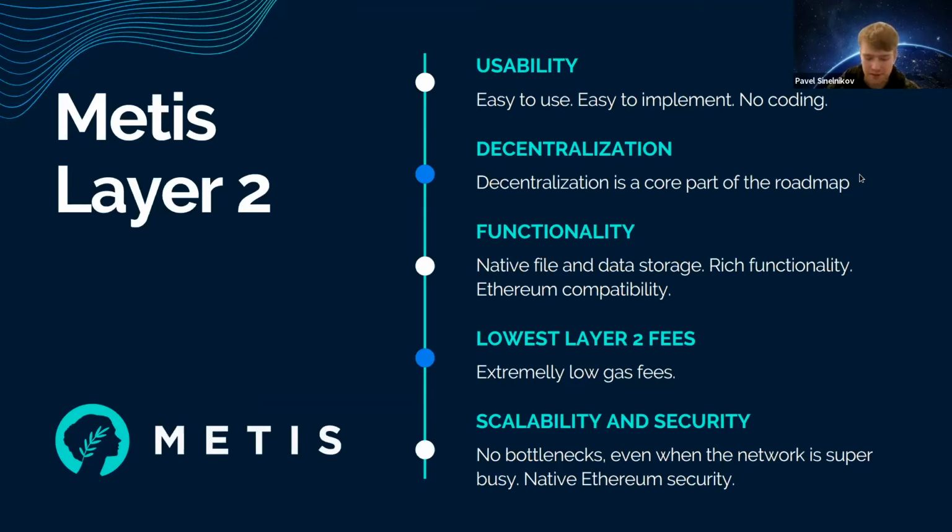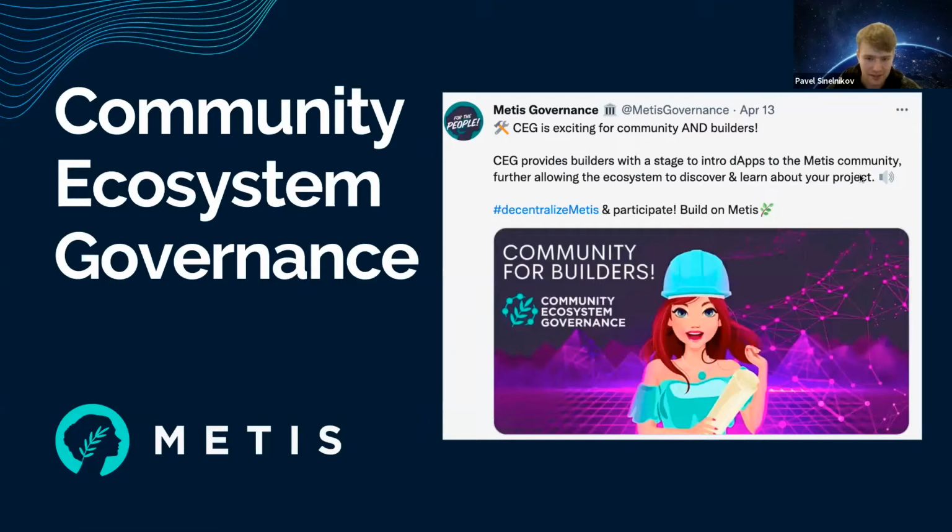We have decentralization on the roadmap in terms of sequencers and fraud proofs. We have additional ZK solutions that we're working on as well. So we're forward thinking, in the idea that ZK is the future, and we're looking forward to there, with a focus on low cost and high accessibility. We also have a community ecosystem governance program. So when you deploy your application and you have a cool idea, we have tools and resources to support you through our community governance and social channels.